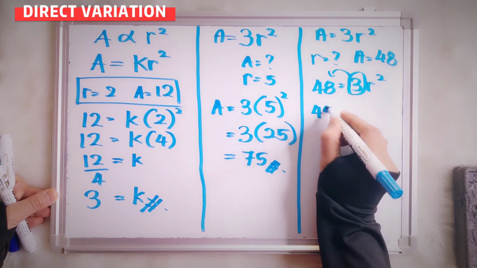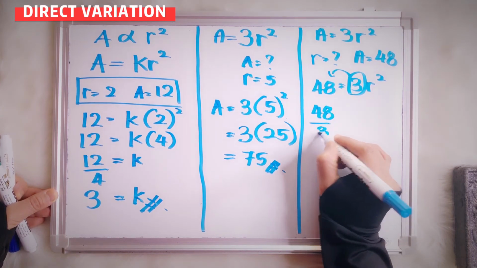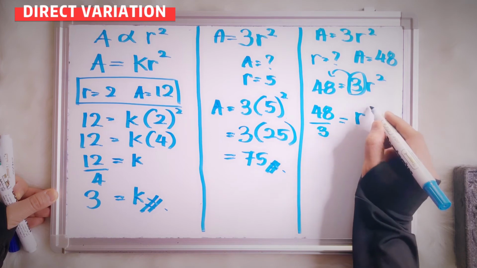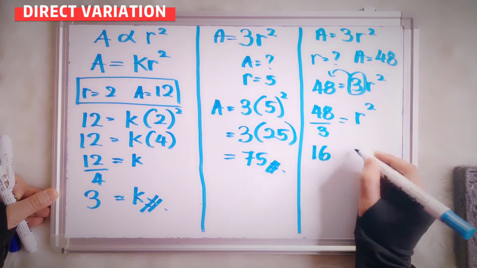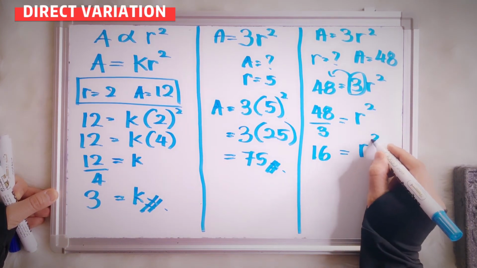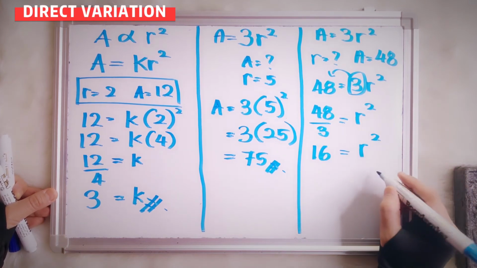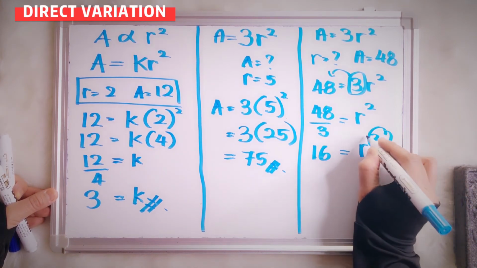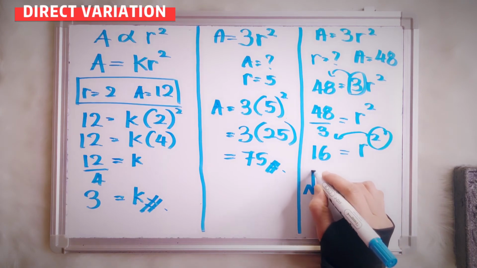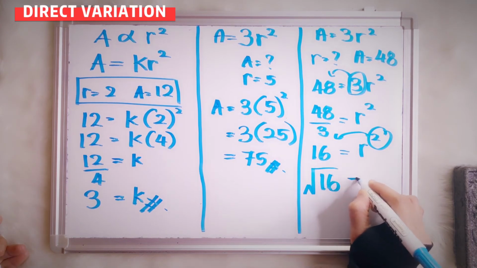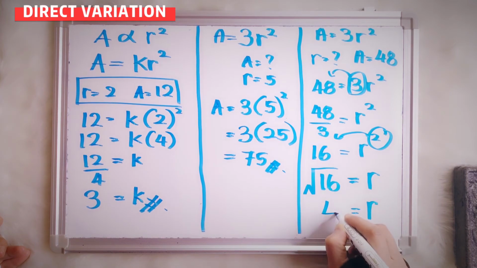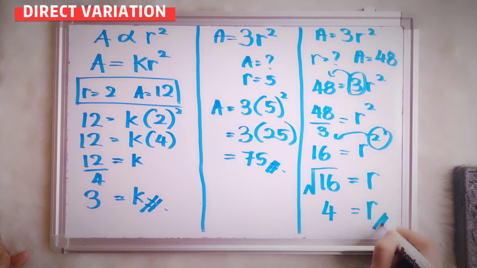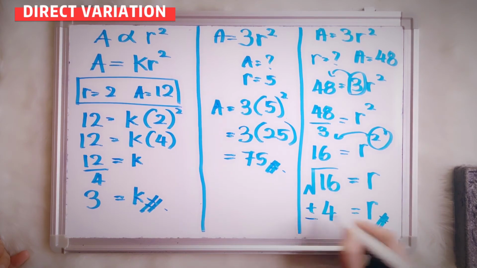So 48, okay, you divide by 3 equals r square, correct? So now you will have here 16, okay, r square, correct? Sorry. So now this is square. If you want to change to this side, it becomes square root. So r equals 4, okay? That means plus minus 4, okay?